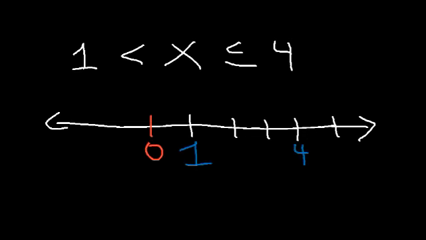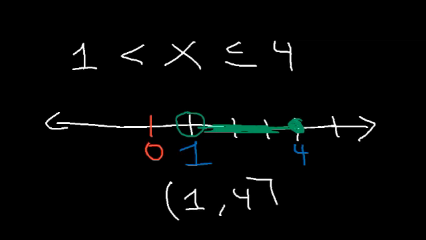We have an open circle at 1 but a closed circle at 4. x is greater than 1, so we need to shade to the right of 1, but it's less than or equal to 4, so we have to shade to the left of 4. Therefore, we shade in between. So to write the answer in interval notation, x is between 1 and 4, but we have a bracket at 4 since we have a closed circle at 4.